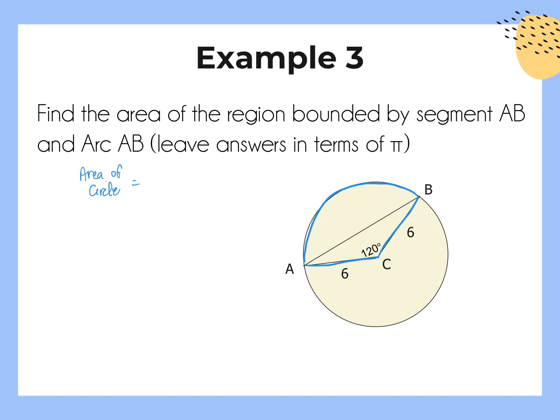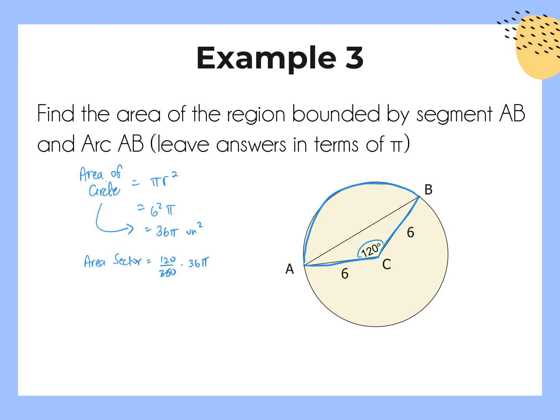Let's start with that. The area of the circle: we've got a radius of 6, so it's pi r squared. It's 6 squared times pi, or 36 pi. So I know the area of the circle is 36 pi, whatever units squared, right? The area of the sector is going to equal the ratio of the central angle, 120 over 360, times the area of the entire circle, which is 36 pi.